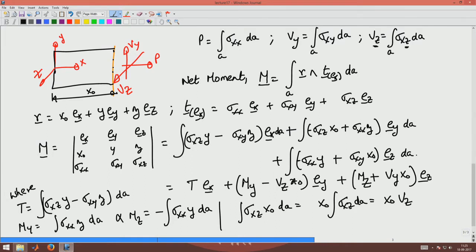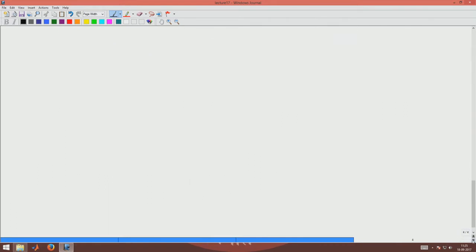From the definition that integral sigma xz dA is Vz, coming from this definition we write this as x naught into Vz, and similarly we write integral sigma xy x naught dA as x naught into Vy. Okay. So, we got that the moment is given by this expression. Let us proceed.